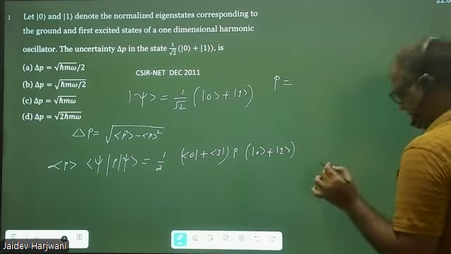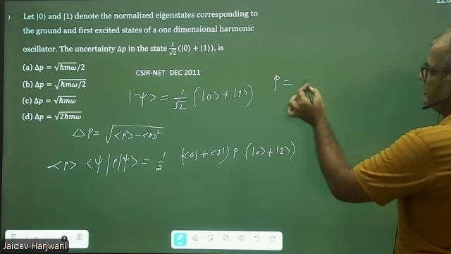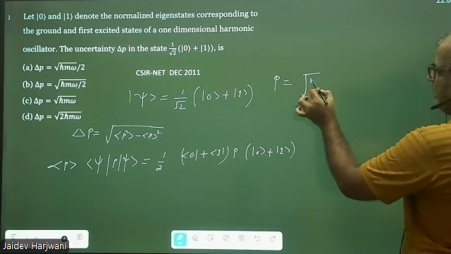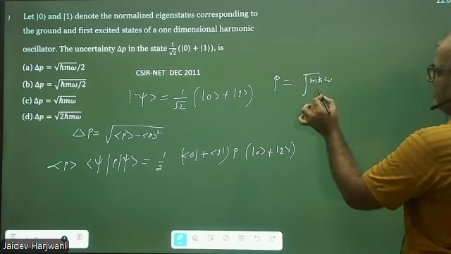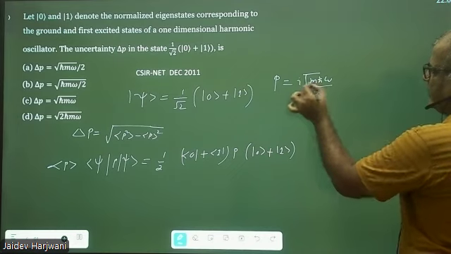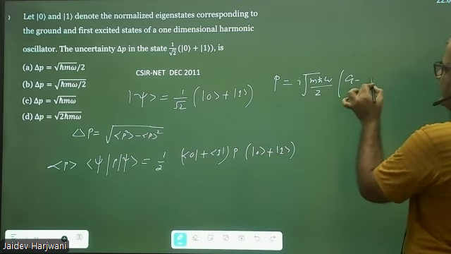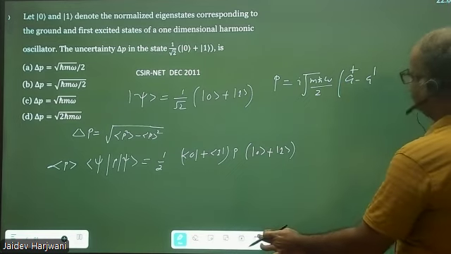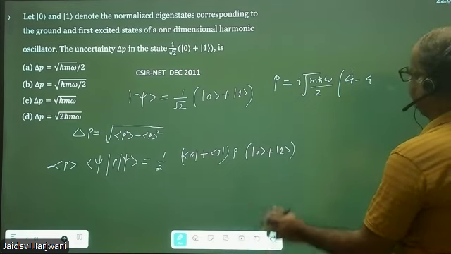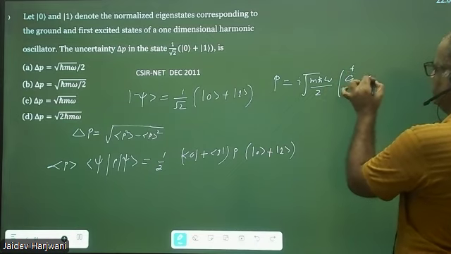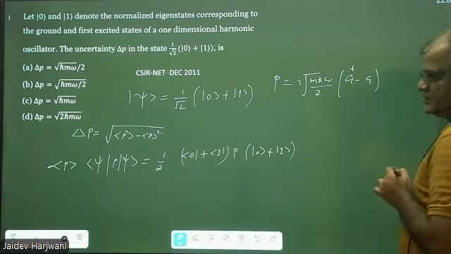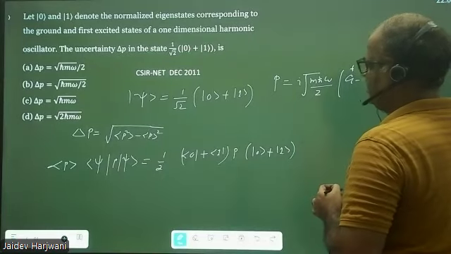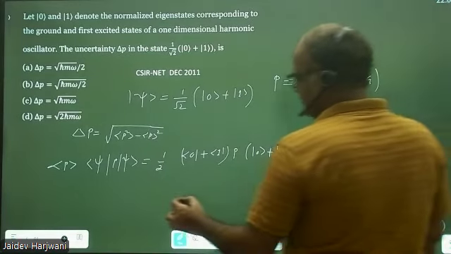And now we know how we can write P. P in terms of the ladder operators, we can write as i times under root of m h cut omega by 2 times (a dagger minus a). This is the expression for P. Now let us take it out here.